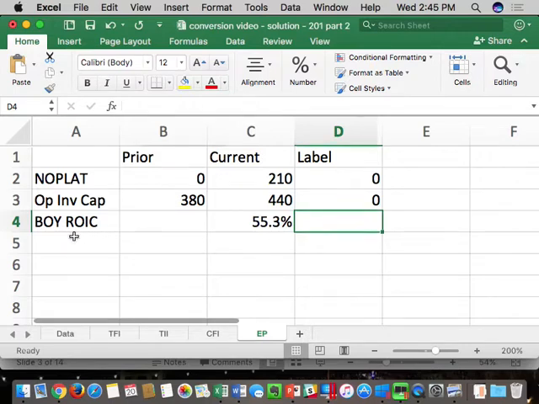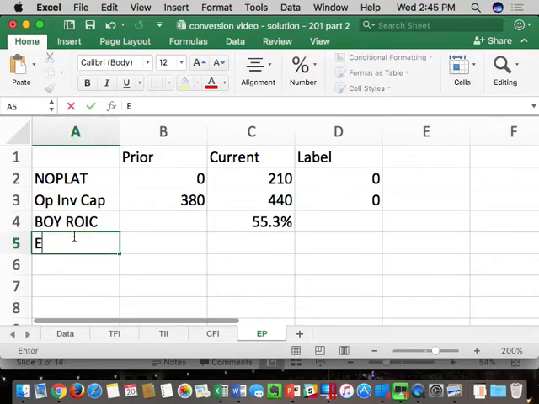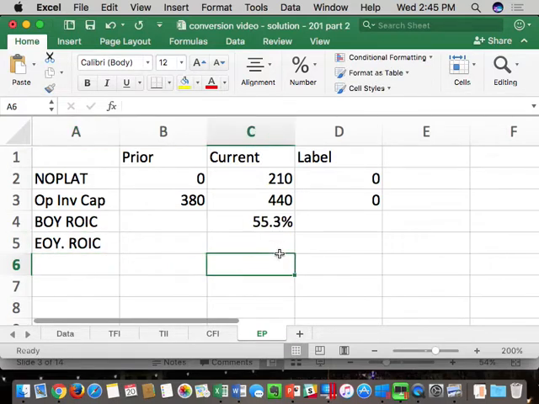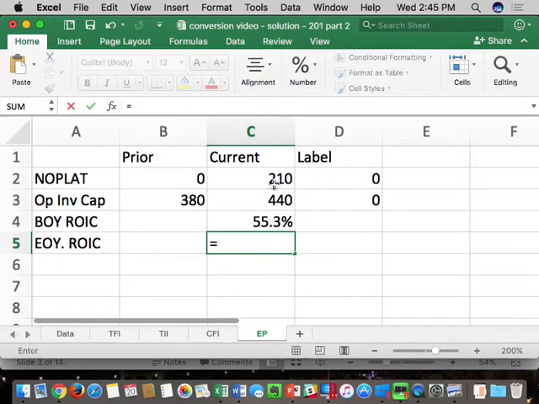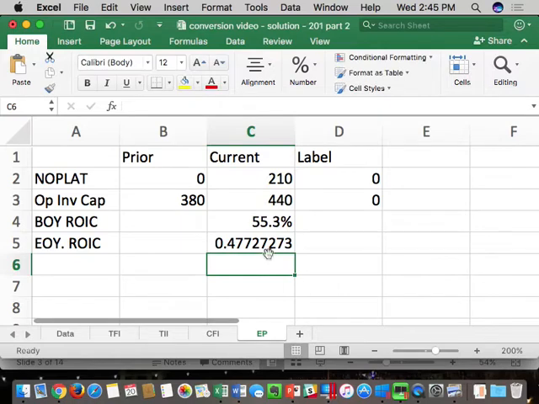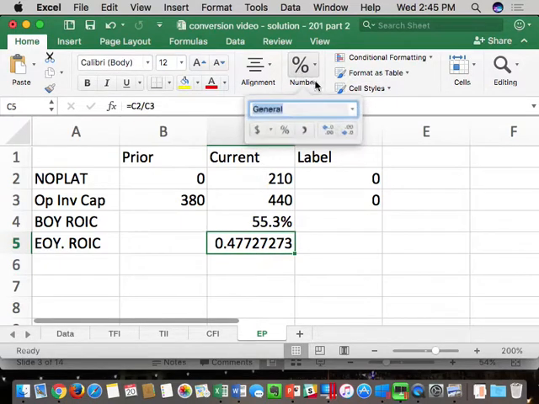Okay. Now, if we had done end of year ROIC, we would have taken NOPLAT and divided by the current year's invested capital, which would have been around 48%.